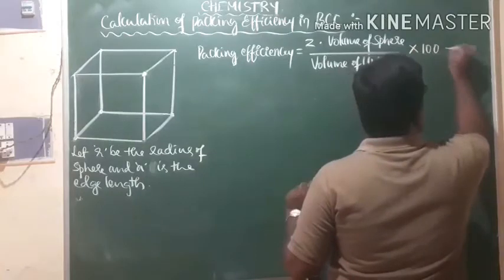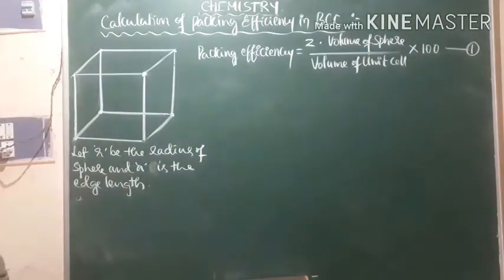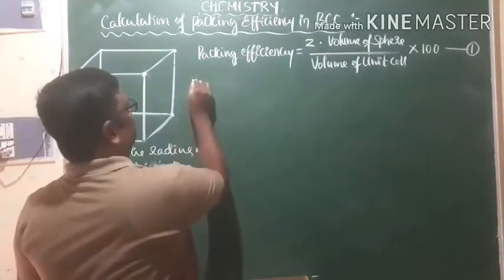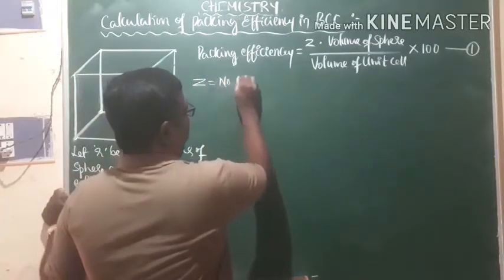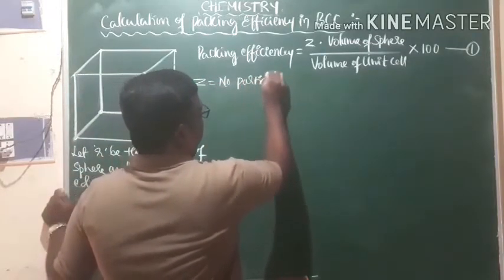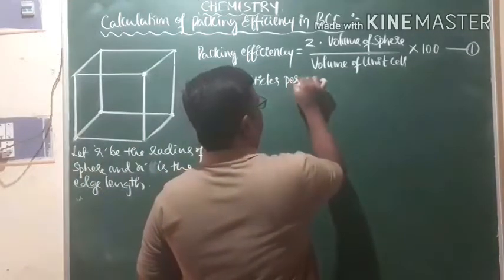This is what we call equation 1. Always start like this. And of course, what does Z say? Z equals number of particles per unit cell.